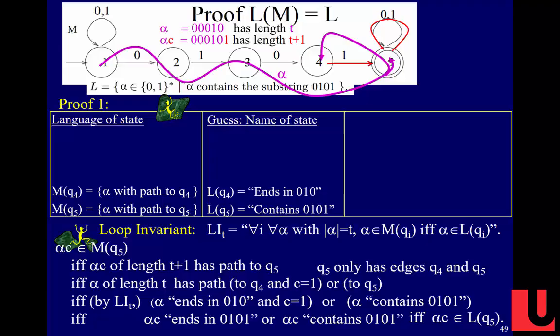So what I have to say is, if alpha C has a path to here, then alpha has a path to here and C is 1, or to here and C is 1, or to here and C is 1, or to here and C is 1, or to here and C is 0, or here and C is 0. So that can be true for a DFA just the same. Does that make sense?